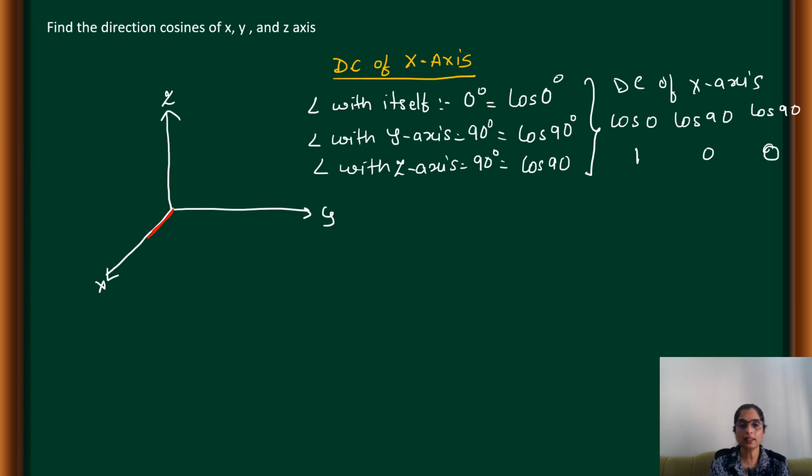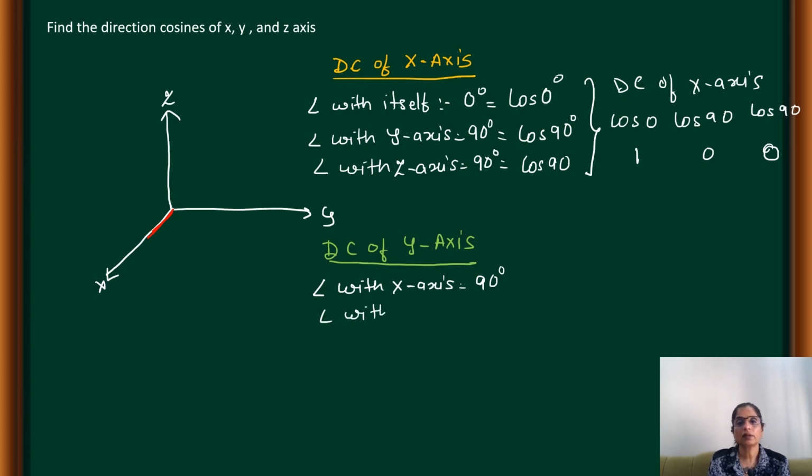Correct? Like this, can we find out the direction cosines of all the axes? Let's find the direction cosines of the y-axis now. We will keep the sequence of angles in the sequence of the alphabet, which is x, y and z. Angle with x-axis is 90 degrees, since they are perpendicular. Angle with itself, the y-axis, will be 0 degrees.